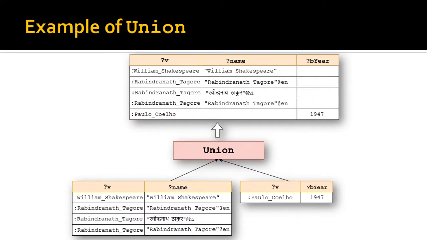Now coming to union, again union takes two algebraic expressions as arguments, A1 and A2, right? And union is very easy to follow. Basically you are adding this row here without checking whether it is compatible with the things or not, right? We are just adding the solutions.